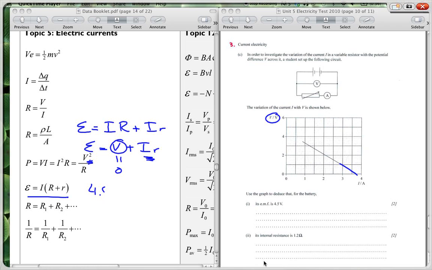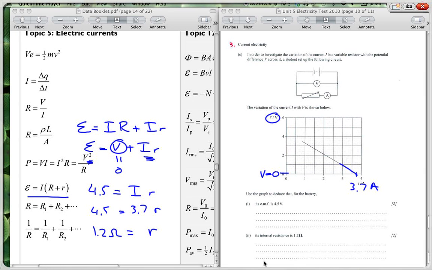So 4.5 is equal to I times r. Now this one over here is about 3.7 amps, that is when your V is equal to 0. So 3.7 r is equal to 4.5. And when I divide that out, I again get r equal to about 1.2 ohms.